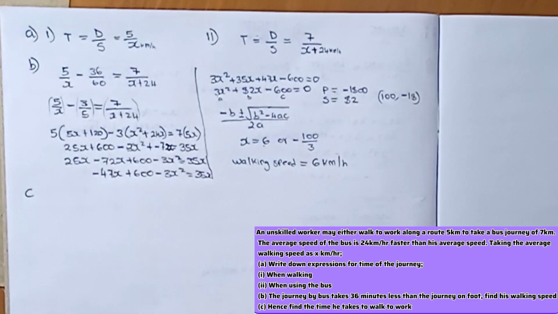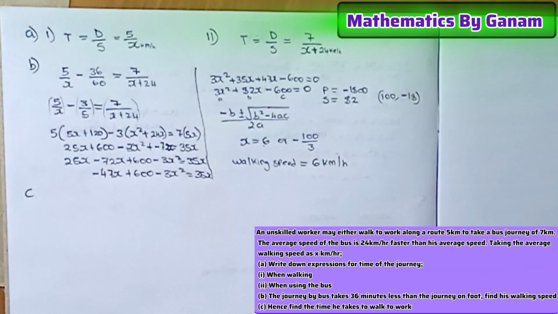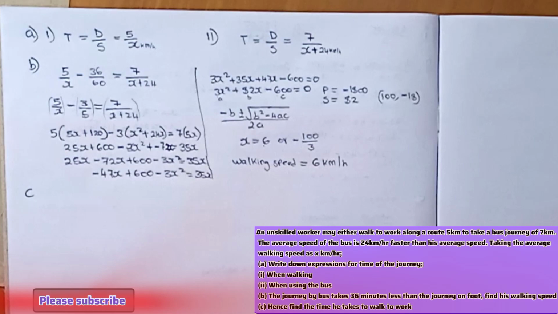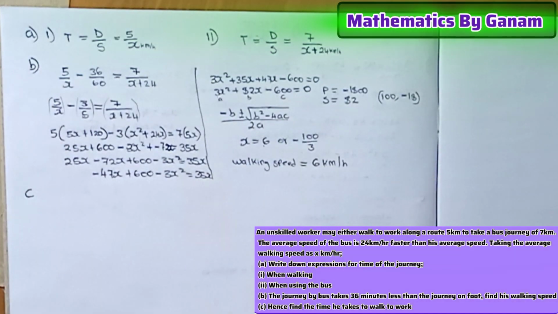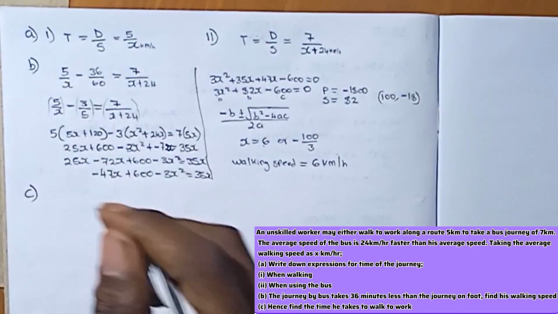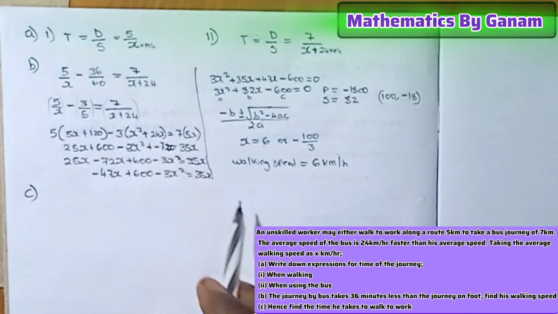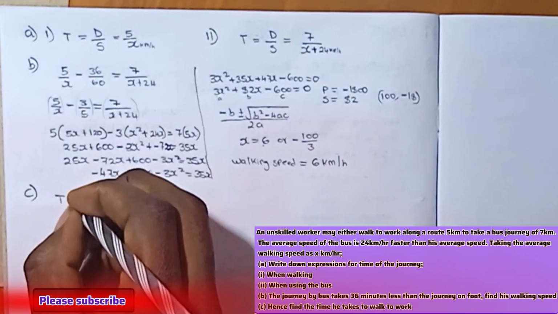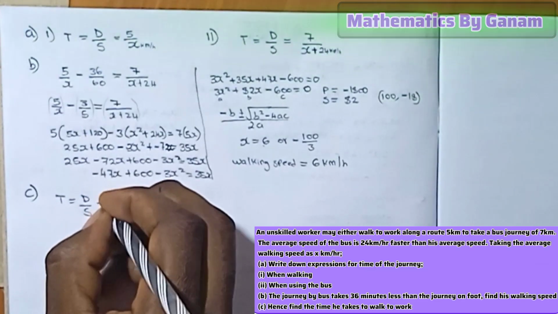So question number C, hence find the time it takes to walk to work. So time taken to walk to work, the time is equal to distance all over speed.